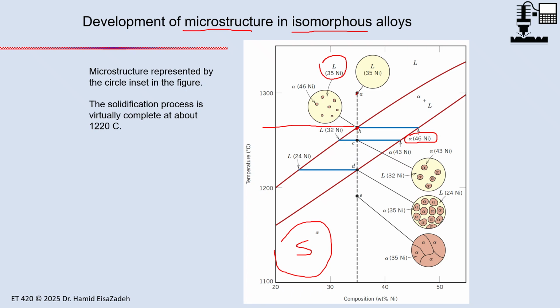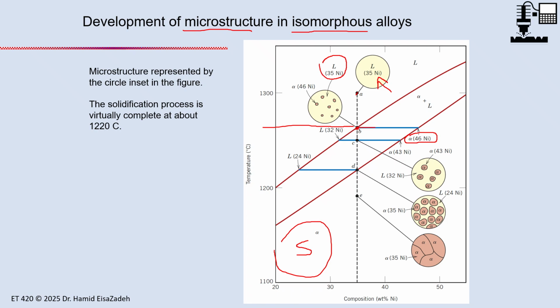So the yellow is liquid, because at that point we have all liquid, and then when we drop the temperature, it reaches the liquidus line, and at that point we will have alpha, and alpha will have 49% nickel.